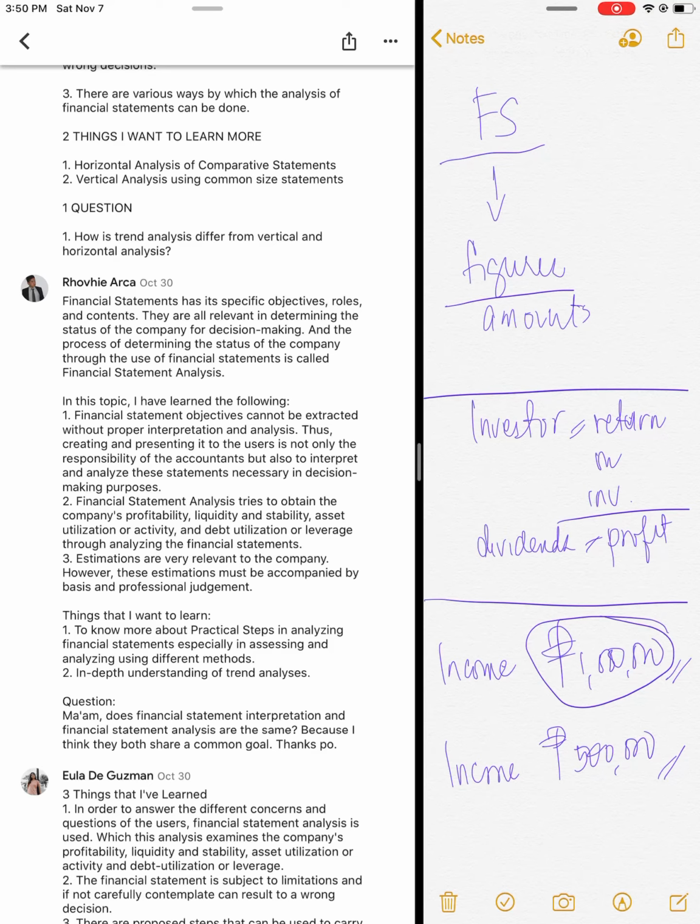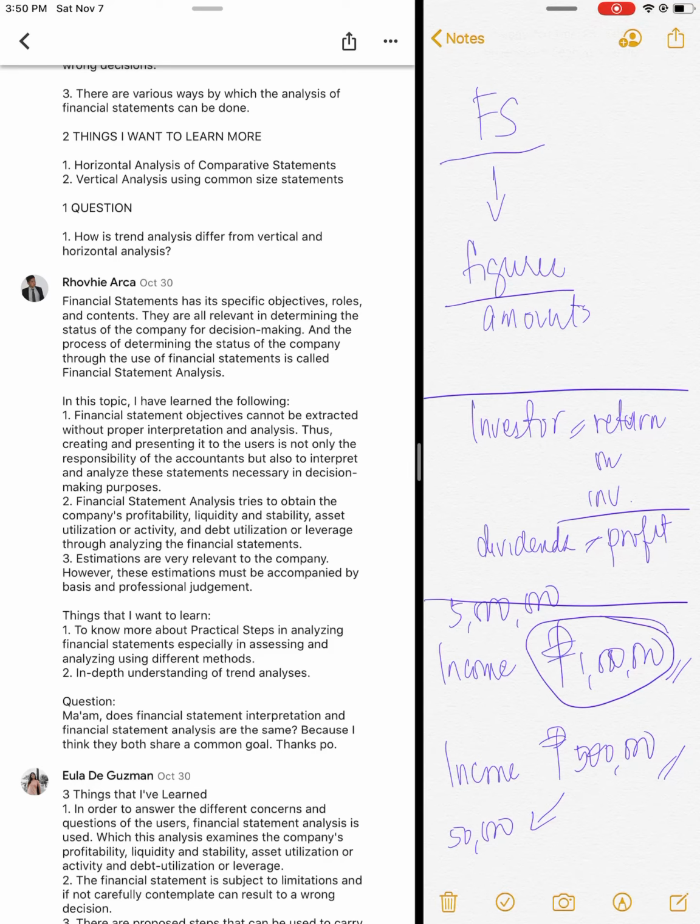But, what if it is 1 million, but its previous income is 5 million. And the previous income of this 500,000, let us say, is 50,000 pesos only. So, considering that, mag-iiba na possibly yung iyong decision.